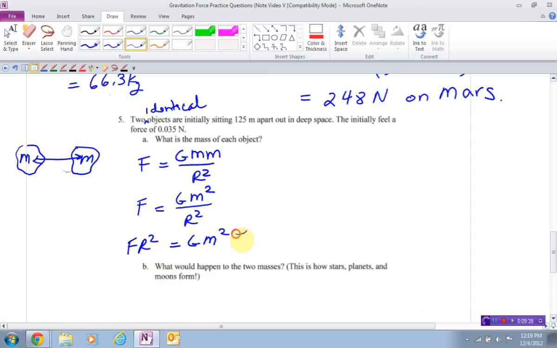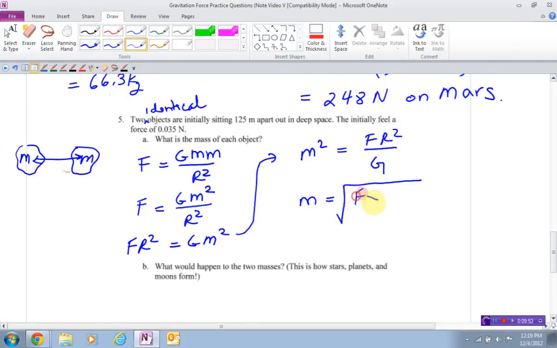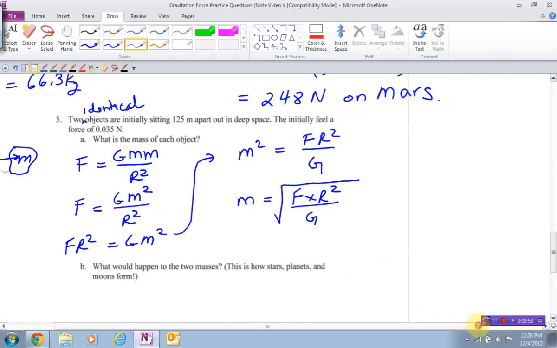Bring the G down, so I'm going to go up here, and I'm going to get m squared equals force times radius squared all over G. And finally, mass will equal the square root of the force times the radius squared divided by G. So if we put everything in now, we should be able to get it.